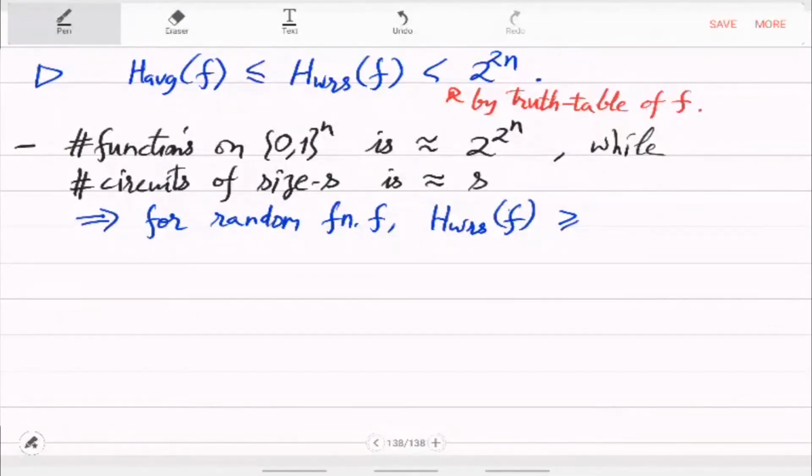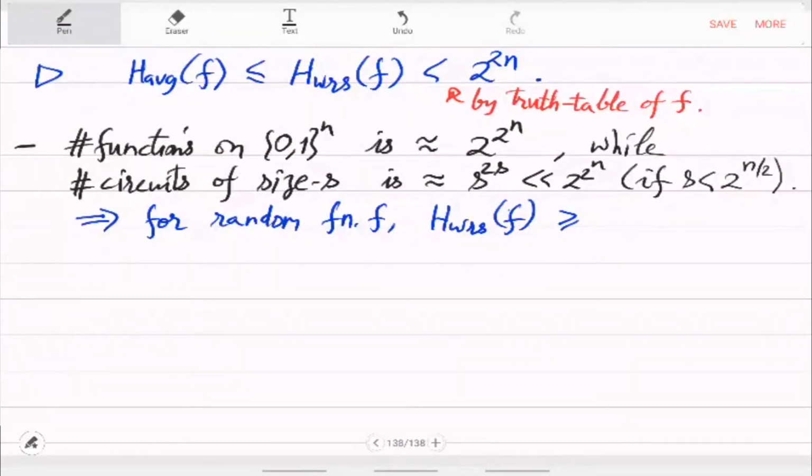So the number of circuits is something like s to the 2s, which you can make much smaller than 2 raised to 2 raised to n if you take s to be sufficiently smaller than 2 raised to n. Let us say I take 2 raised to n by 2.